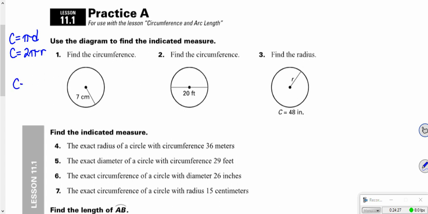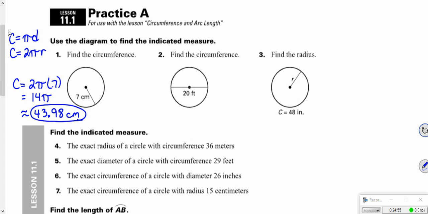So our circumference equals 2 pi times 7, which is 14 pi. That would be my exact answer. If I poke that in the calculator using my pi button, I get 43.98 centimeters. I know they don't necessarily tell you to round to the hundredths, but as I looked at the answer key for these, almost all of them are rounded to the hundredths.